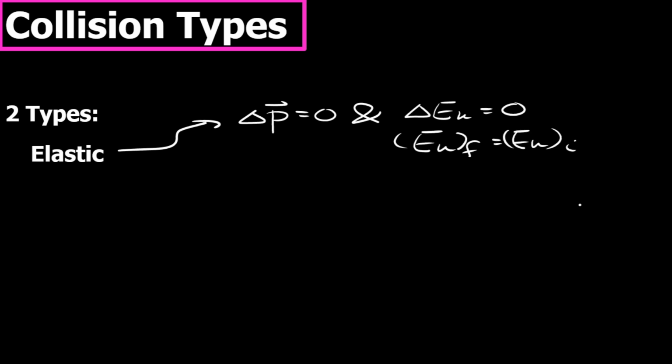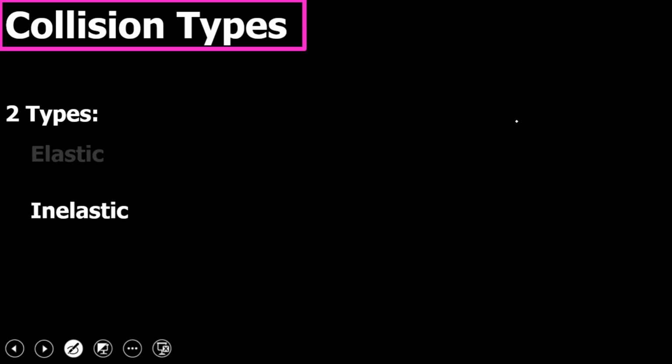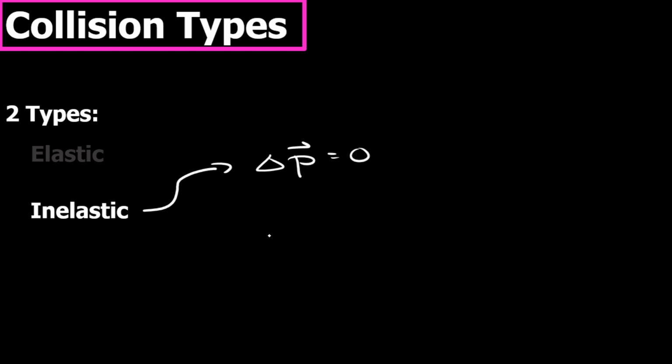Now, for inelastic collisions, they still obey conservation of momentum. However, they do not obey conservation of kinetic energy. So your final kinetic energy is not going to be the same as your initial kinetic energy.